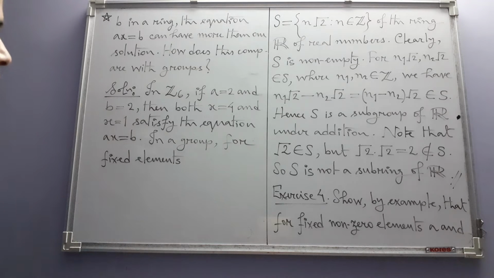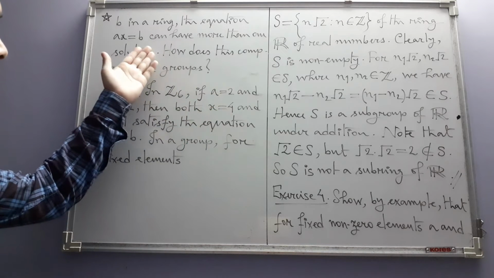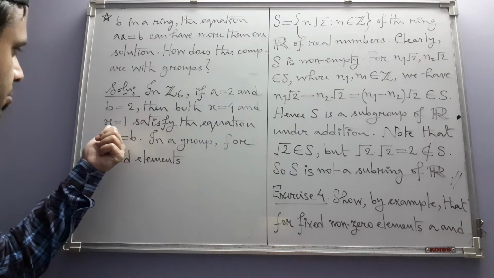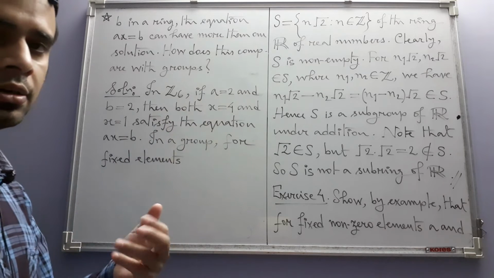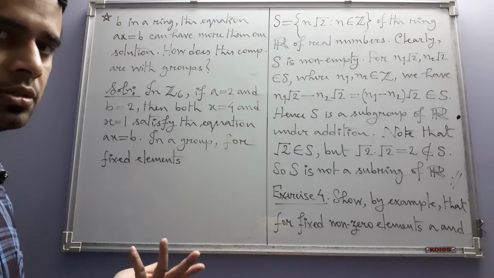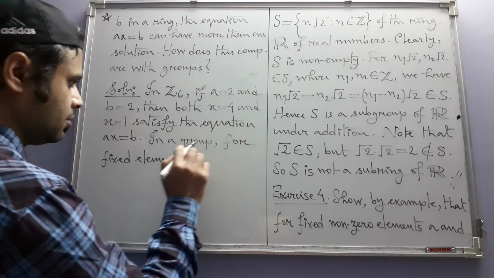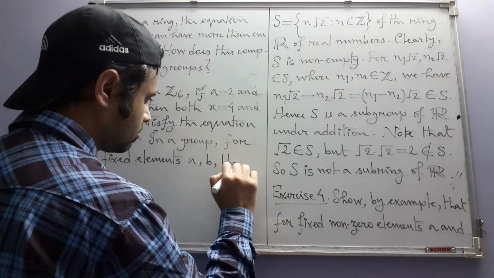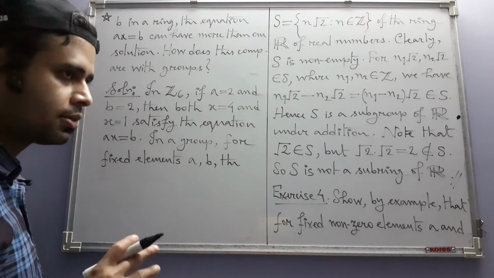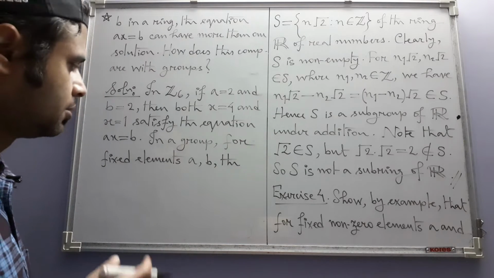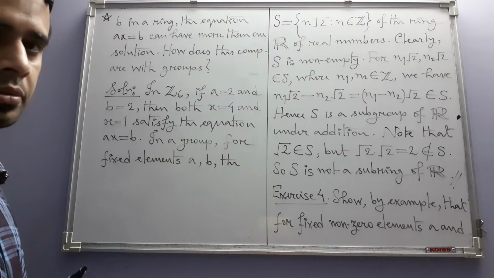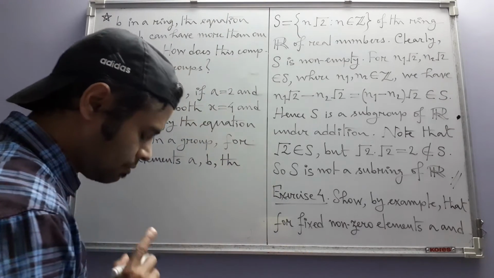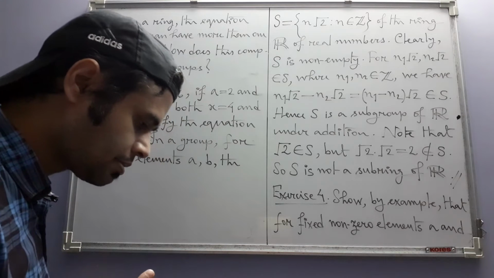Oh, and the extra condition that A and B are both non-zero is also true, because A and B are 2, and in Z6 2 is a non-zero element. For fixed elements A and B, now in a group, unless the group is some special group, non-zeroness has no meaning.